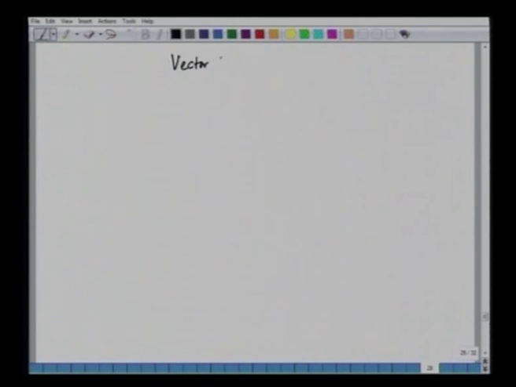The first machine that we are going to control is an induction machine. So we will talk about a control that is called vector control of induction machine. This vector control is not a new way of controlling induction machine.